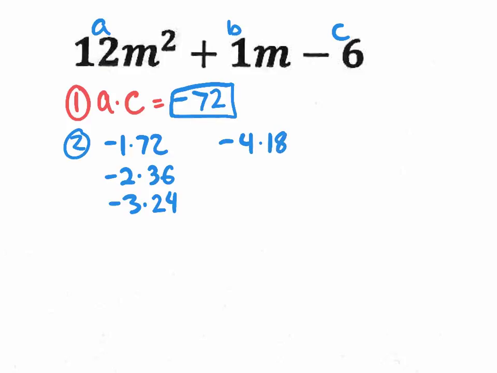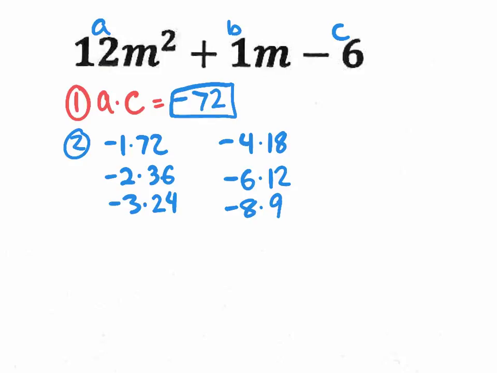Negative 5 is not going to work. Negative 6. 72 divided by negative 6, that is 12. So negative 6 times 12 is also negative 72. And negative 8 times 9 is also negative 72. That's about all the possible multiplication problems that give us negative 72.